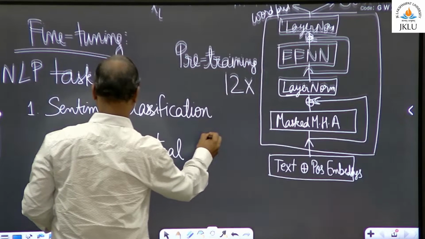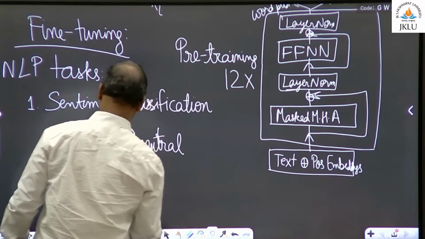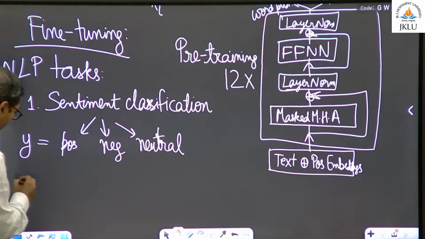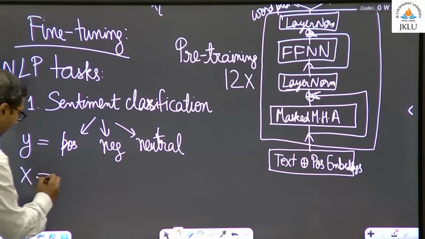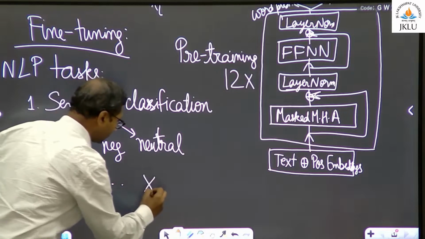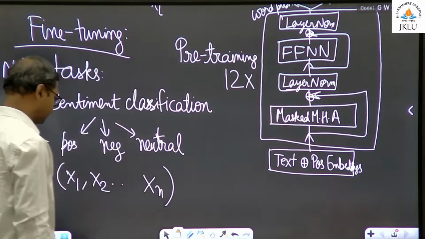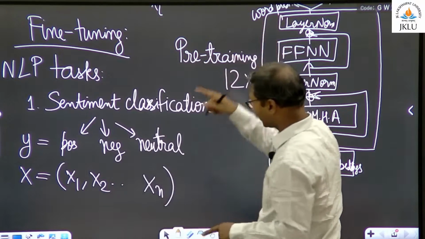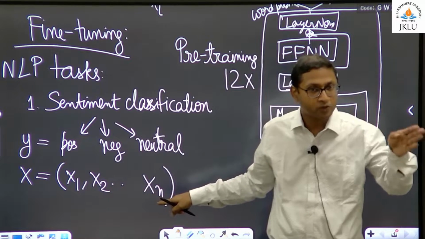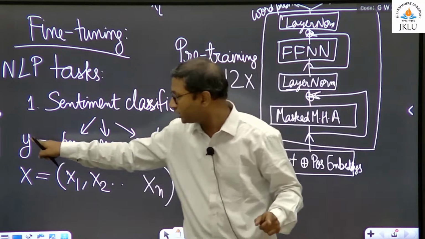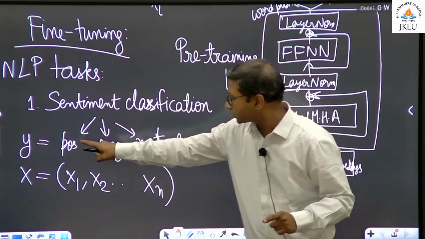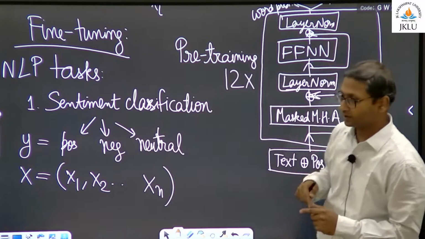These are my labels, these are basically my Y's. Now X is my input. I can say it is a sequence of x1, x2 all the way until xn, let's say. Even if I have used n somewhere else, this is a different n, okay. So this is your input, sentence, document, whatever, and this is your label. How do I classify for these labels using this network?